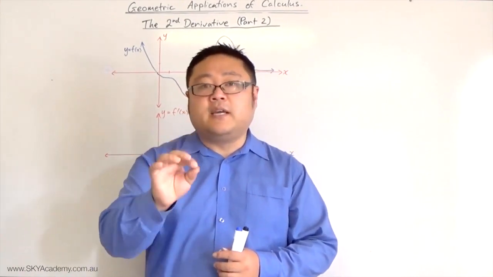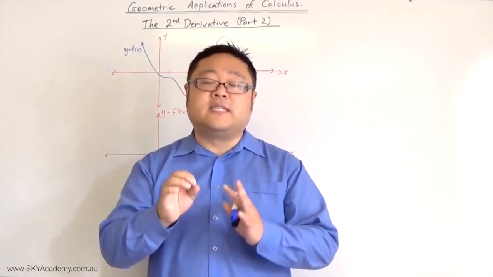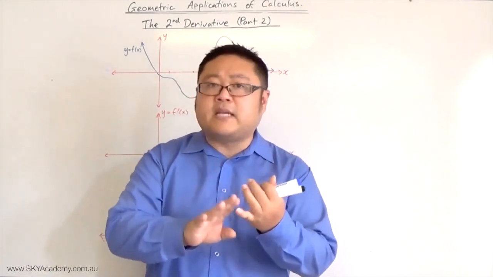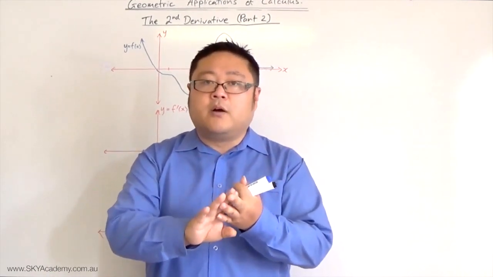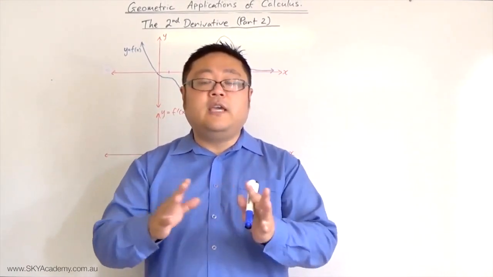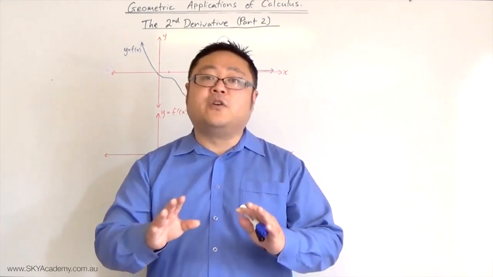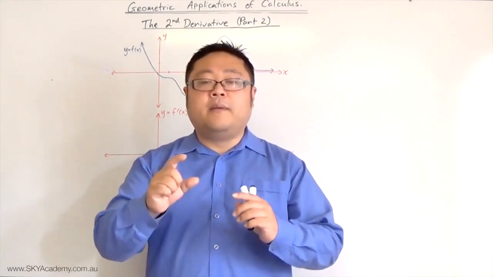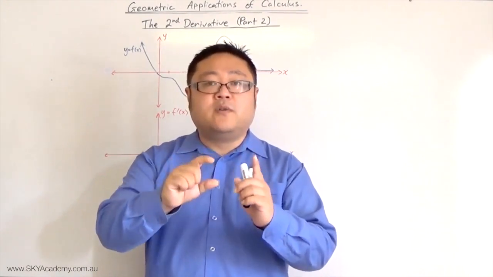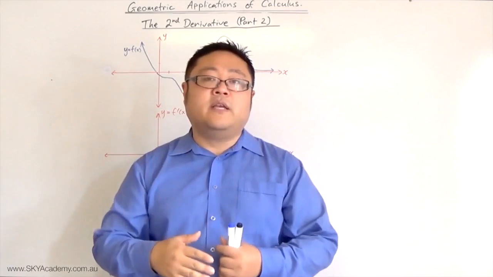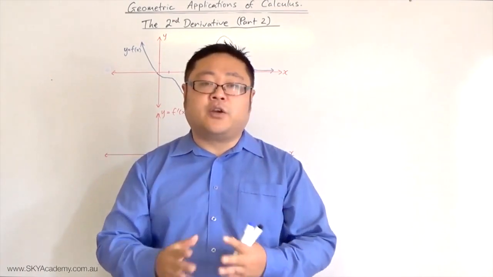In particular, with the first derivative we've looked at stationary points and different types of stationary points, like maxima, minima, and horizontal points of inflection. We've also looked at how the second derivative is an indication of concavity, and when the second derivative equals 0 and changes sign, it's where concavity changes in a curve.